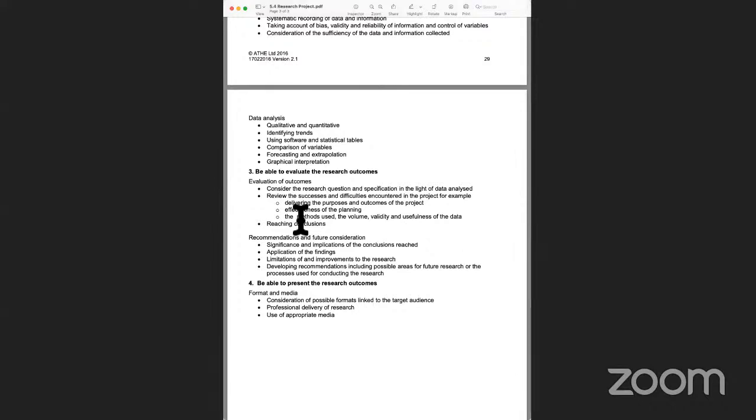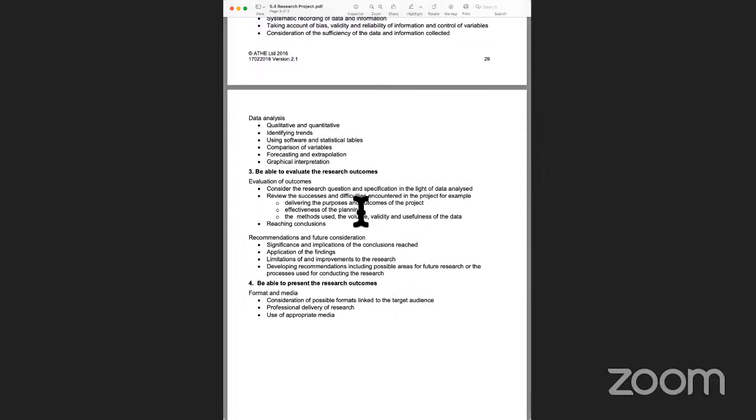When we talk about evaluation of outcomes, it is about triangulating the details which have been formulated initially in the research specification, which is your aims and objectives of research, the research questions that we look at, and then the literature review that we carry out, which is the existing data in the published domain that is related to the research you're carrying out, and needs to be incorporated along with your findings.